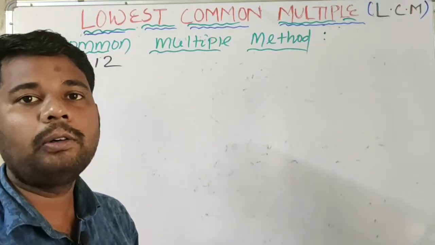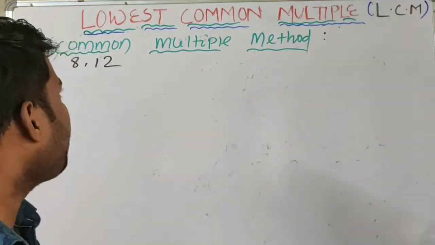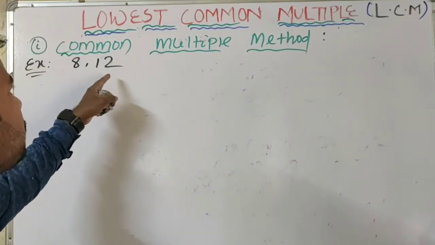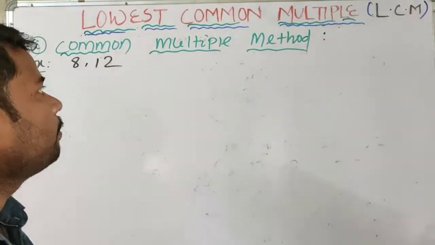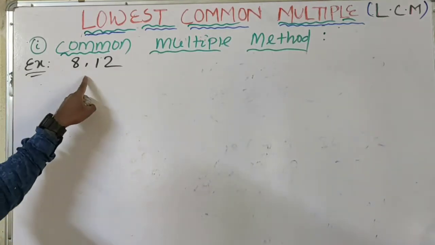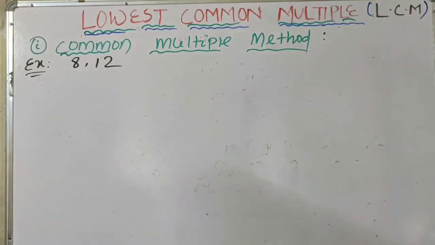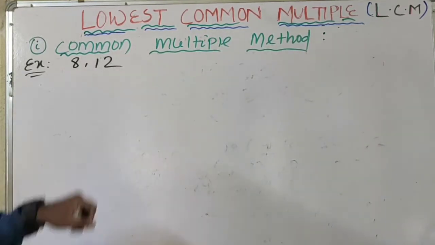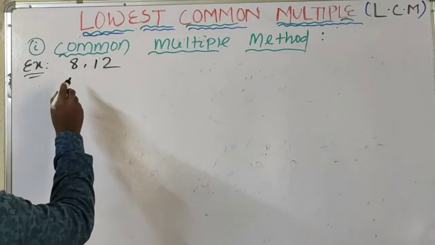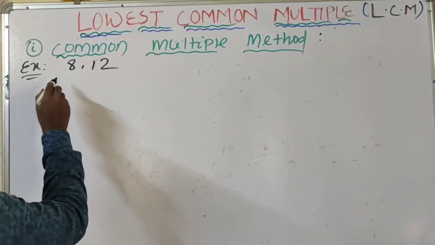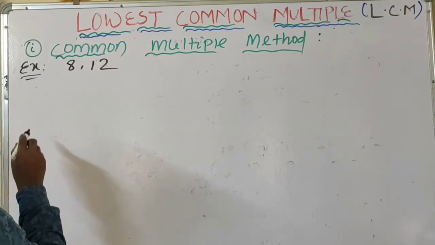Now we know how to find the LCM of two given numbers by using the common multiple method. For that I have taken two numbers 8 and 12. First we have to write some multiples of 8 and 12.